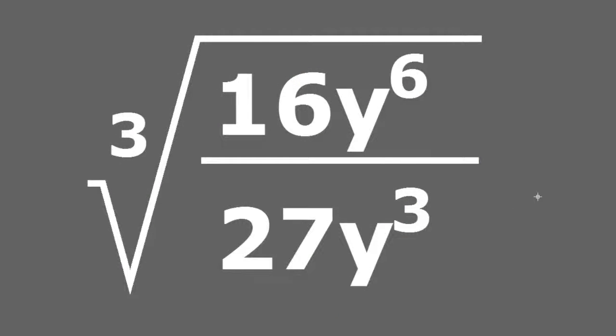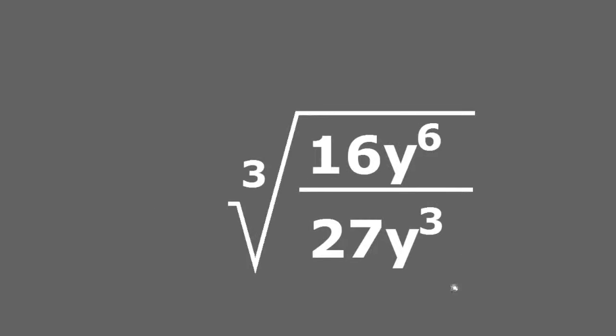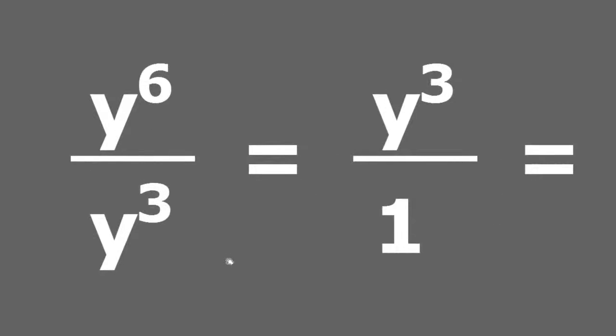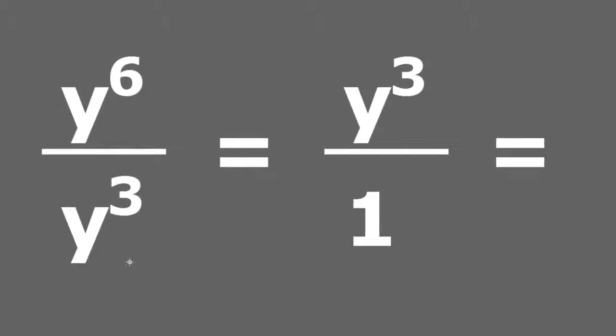So I start with this, the cube root of 16y to the 6th power divided by 27y to the 3rd power. The first thing that I'm going to simplify is the y's. As you can see, I have a y in the numerator and a y in the denominator.